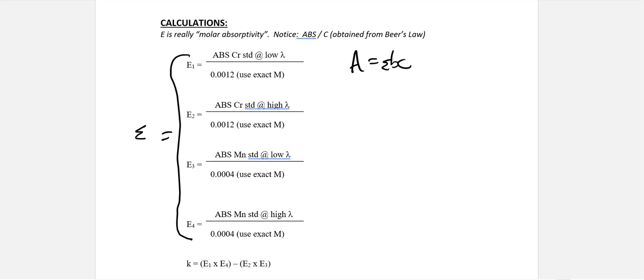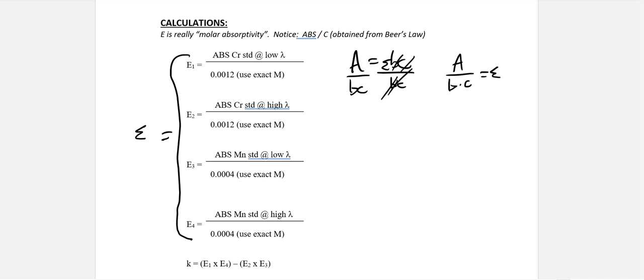Why? If you solve for E, you divide each side by B times C. That cancels those out, and we're left with molar absorptivity on the left, and A over B times C on the right.